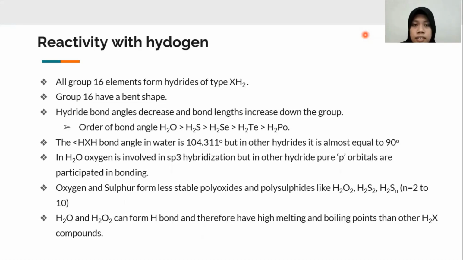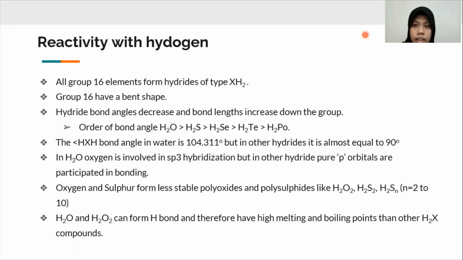Next is the reactivity of group 16 with hydrogen. All group 16 elements form hydrides of type H2X. X here represents the group 16 element. So group 16 hydrides have a bent shape. Hydride bond angles decrease and bond length increases down the group.